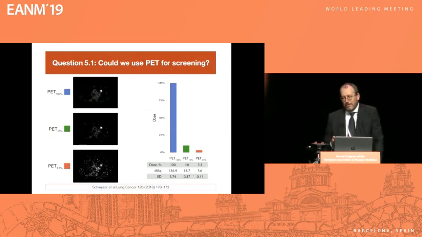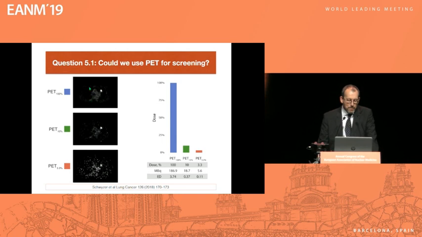Another very potential application: one of the interests of artificial intelligence is that it may bring to the field indications that were never considered reasonable for nuclear medicine. For instance, screening. We don't use nuclear medicine for screening because, for one, you need to be sufficiently accurate, but also the radiation dose is very important for screening.